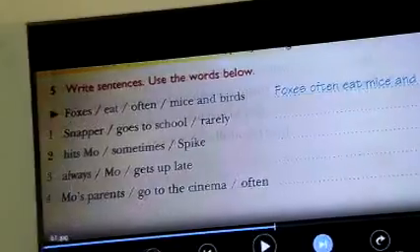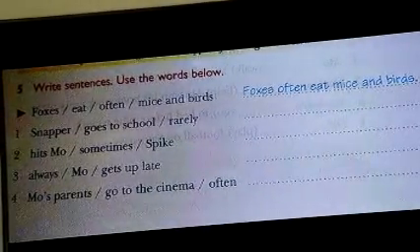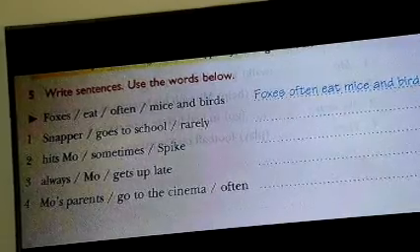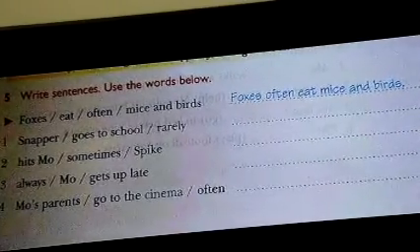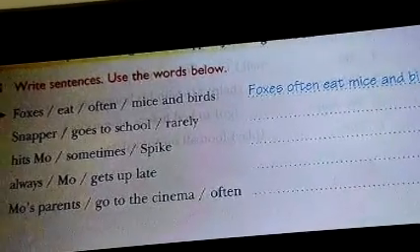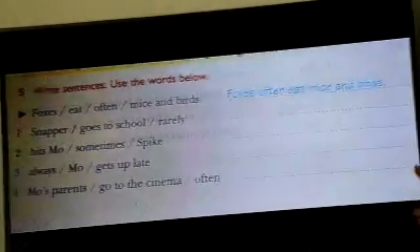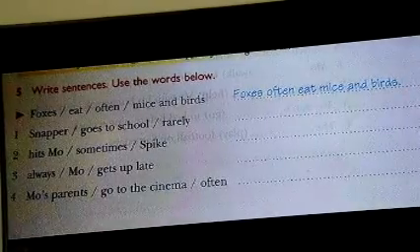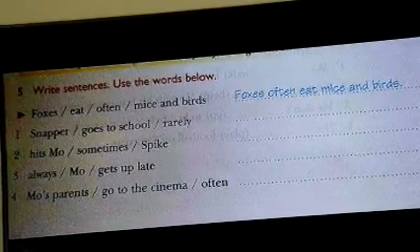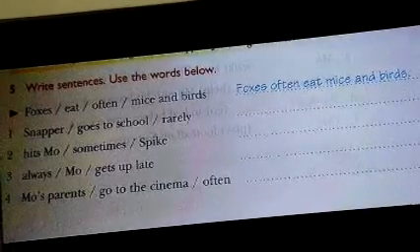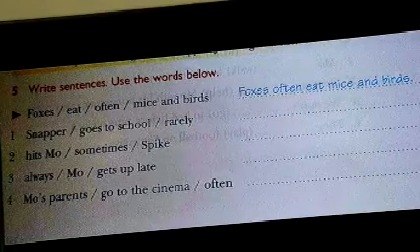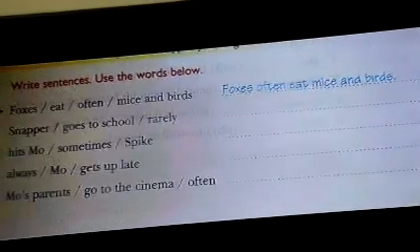You are supposed to use what I gave you right now, that is adverbs of frequency, to answer these questions. The first one is already done for you. Foxes eat often mice and birds. Now it's jumbled. All you have to do is rearrange the words and make them into meaningful sentences.